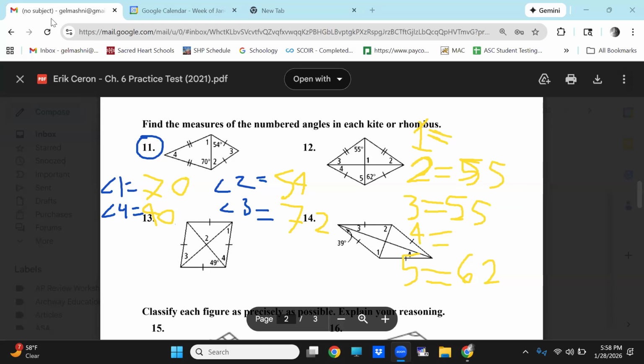And if 5 is that, then 4 would have to be 62. And then for 1, it's 55 plus 55 minus 40, 70. Let me just fix that 5. And this one, and 6. Somehow that 6 is worse.